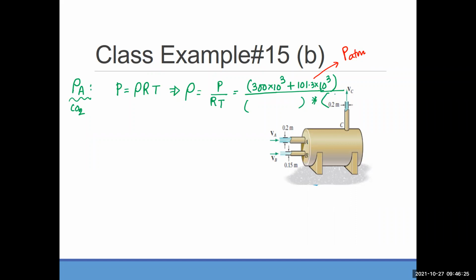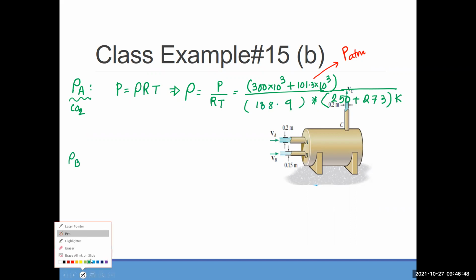And the temperature will be what? 250 plus 273 K. Give me the R value for carbon dioxide. 188.9.